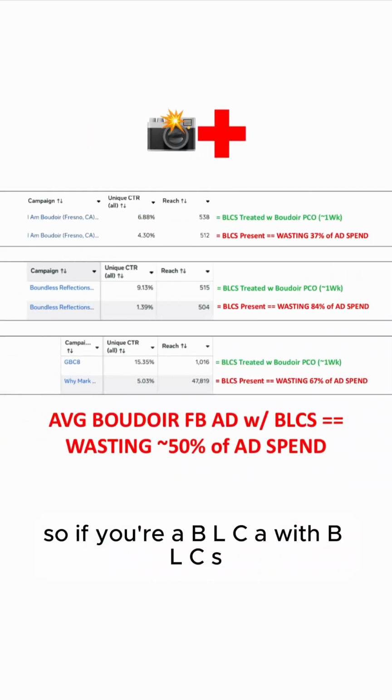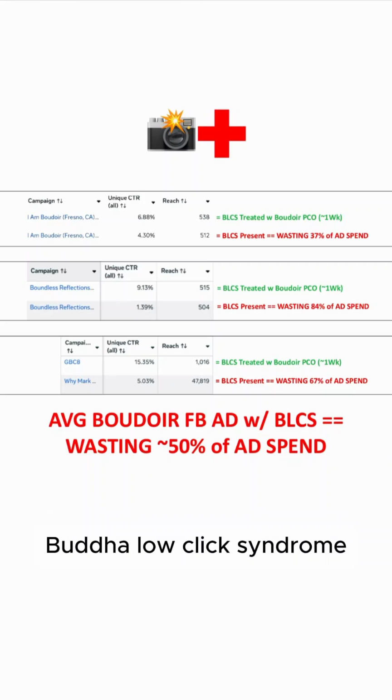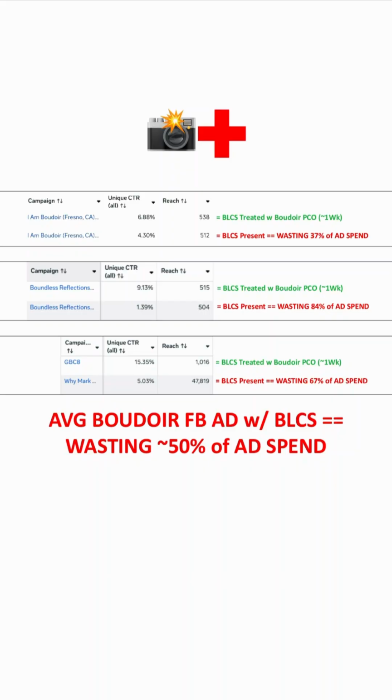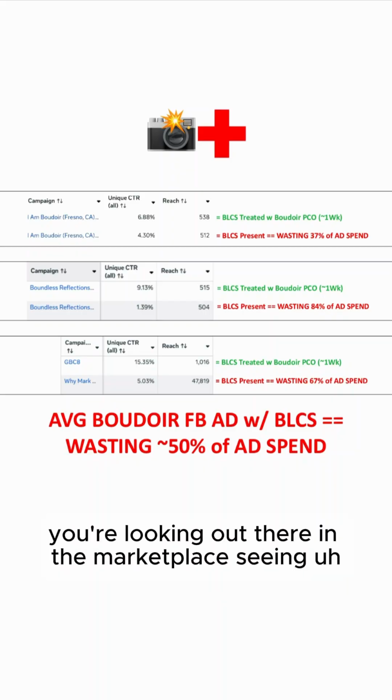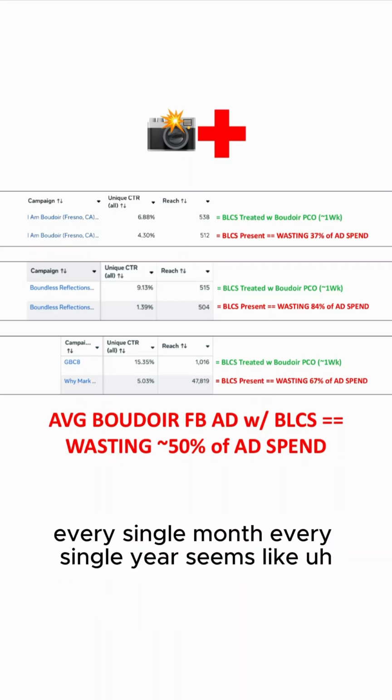So if you're a BLCA with BLCS, if you're a Boudoir low click advertiser with Boudoir low click syndrome, your Boudoir Facebook ads have a unique CTRL under 6%, and you're looking out there in the marketplace, seeing it's getting more saturated every single day, every single week, every single month, every single year.